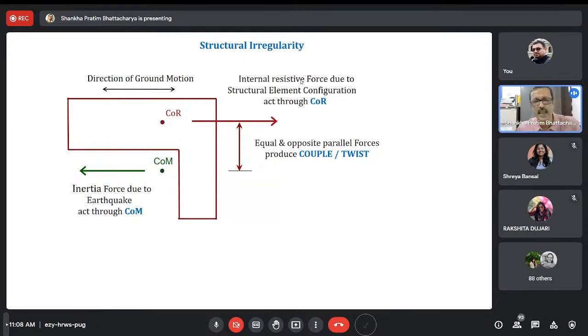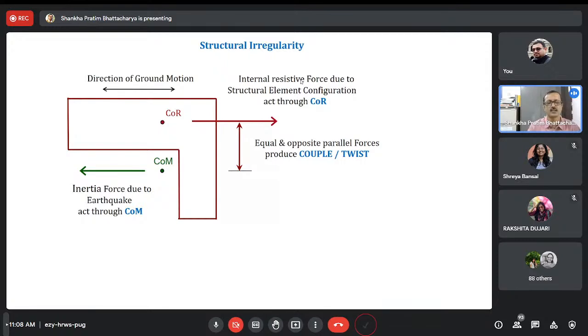It is something like if you stand in a bus holding a bucket of water in one hand and spreading the other hand like this. Your center of mass is somewhere here, away from your body, and the center of resistance is in between your two legs. That is a structural member.